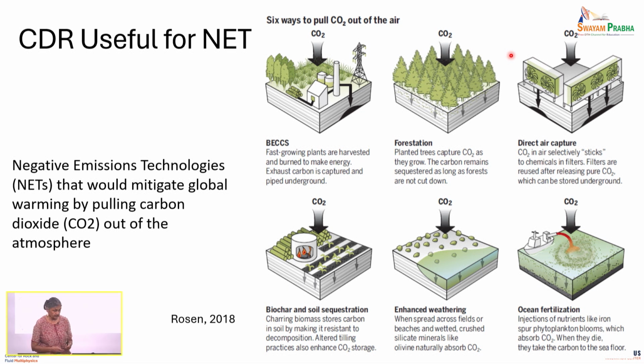So what are some of the nets? This is all plant-based. We have BECCS, that's bioenergy with carbon capture and storage. So we have fast-growing plants that are harvested, that are used to make biofuels, and the exhaust with the emissions are captured and stored underground.